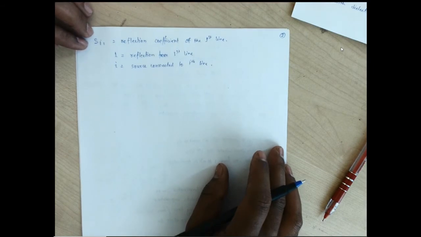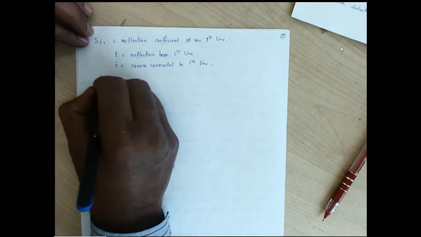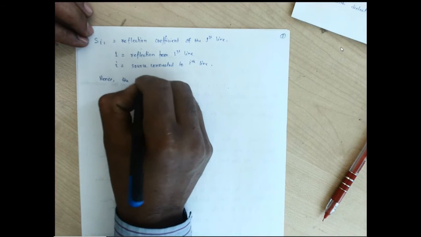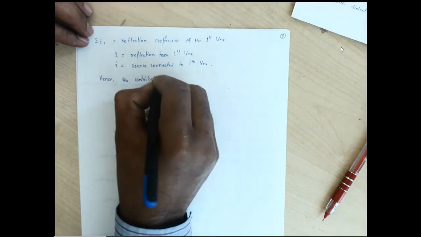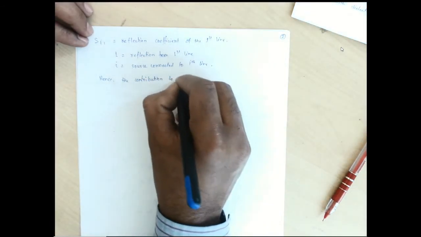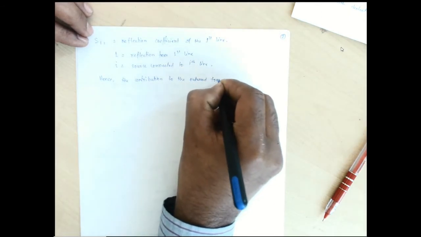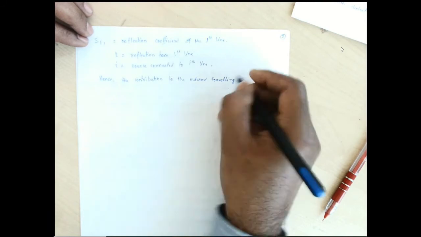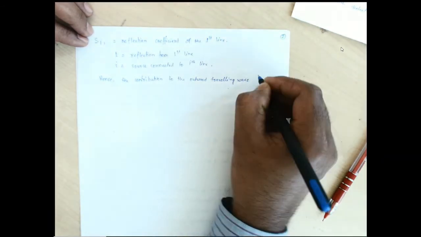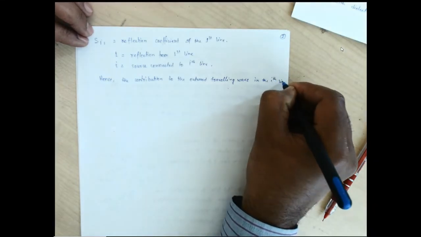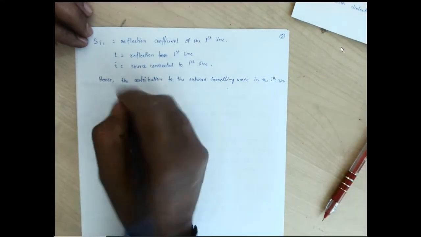Okay, so hence we can say the contribution to the outward travelling wave in the ith line is the contribution in the outward travelling wave.